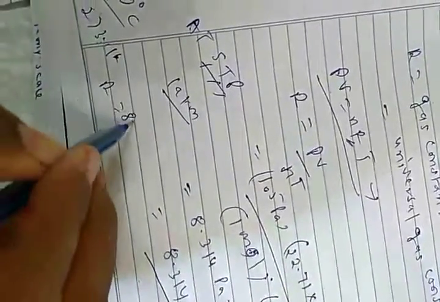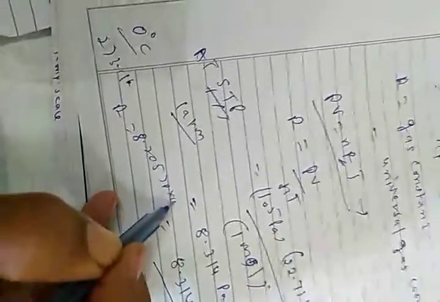So R's value will be 8.20578 into 10 raised to minus 2 liter atmosphere per Kelvin per mole. So the ideal gas equation is a relation between 4 variables, and it describes the state of any gas. Therefore it is called the equation of state.